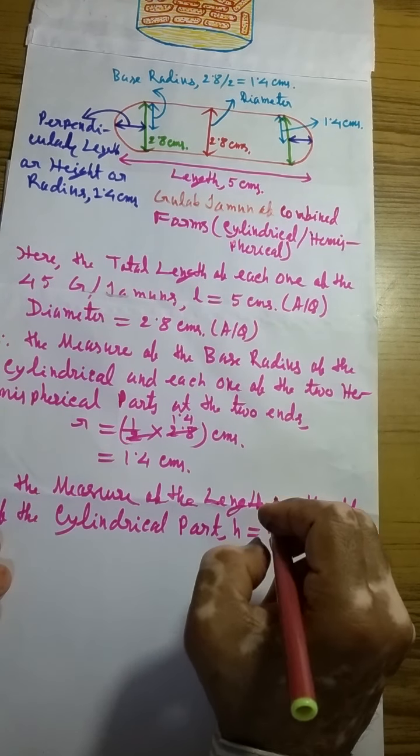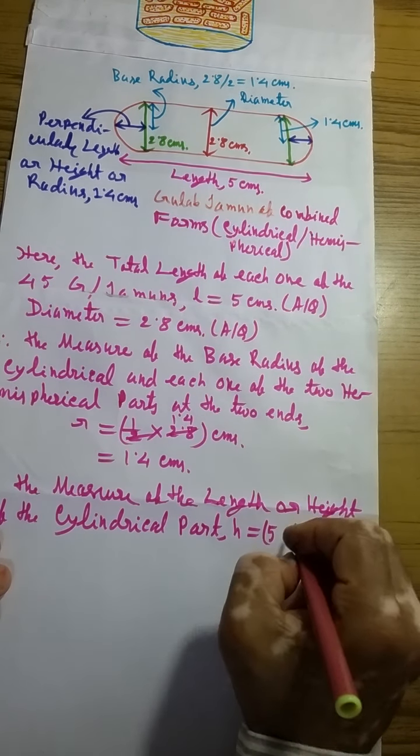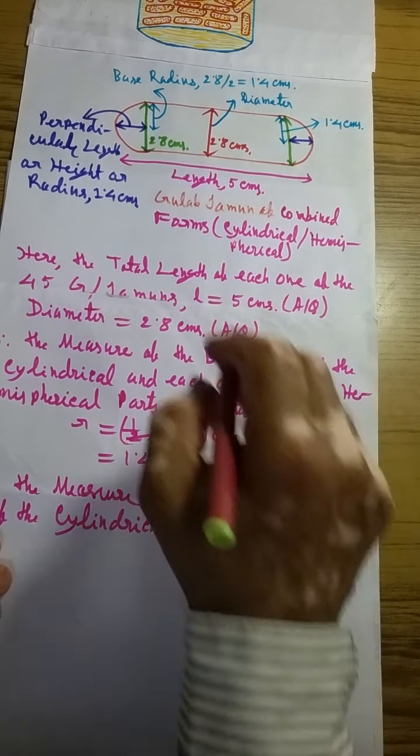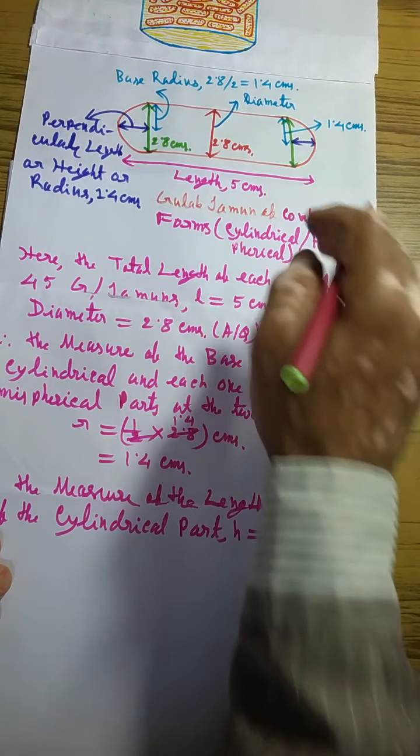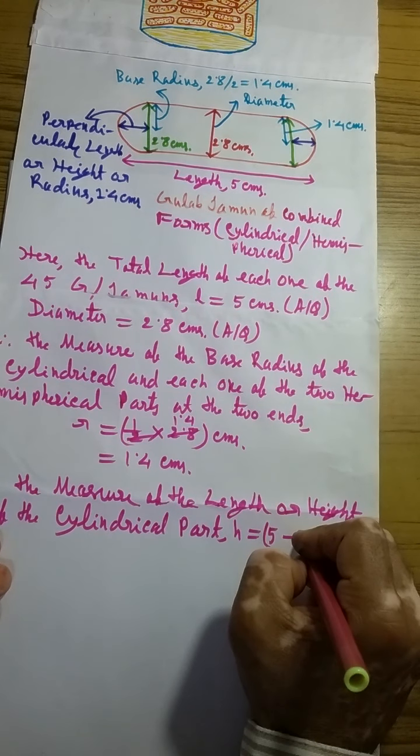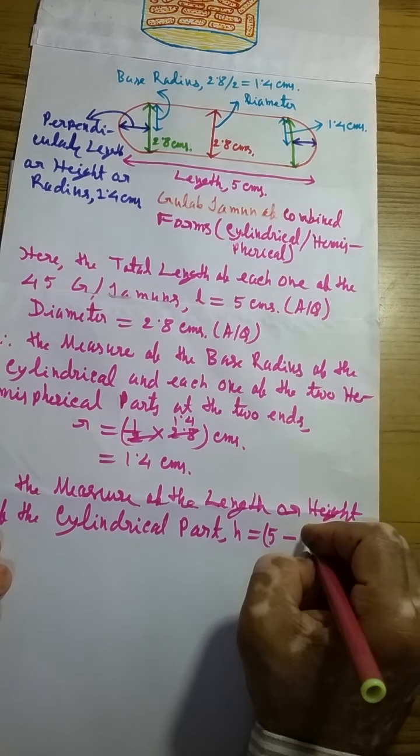We have 5 here, and we have two hemispherical parts, each of measure 1.4 centimeters, so we have to deduct that from 5.